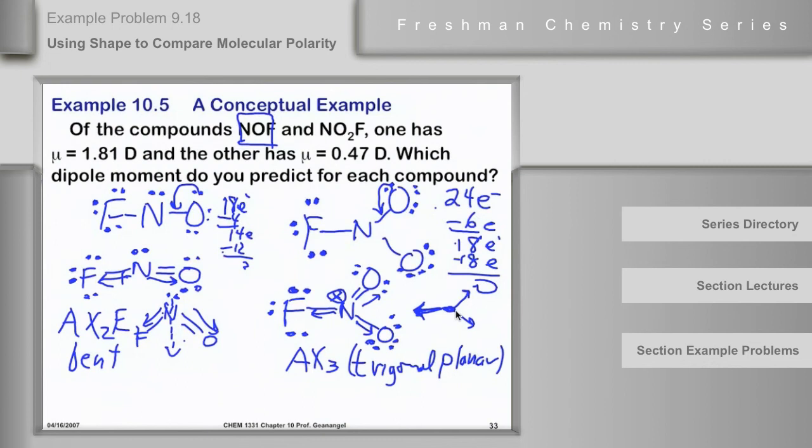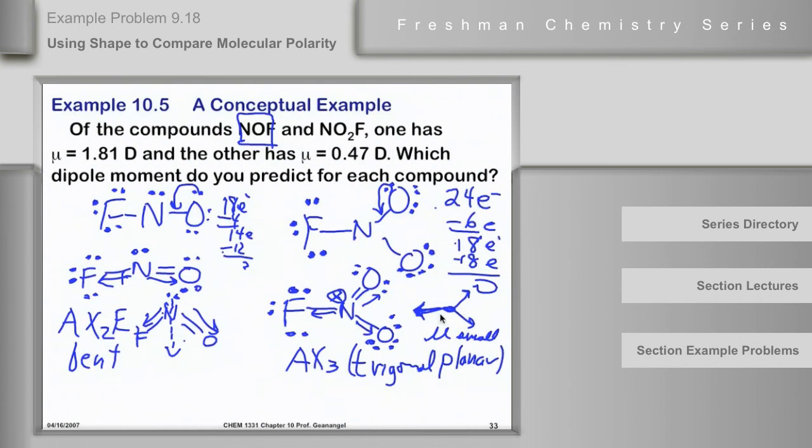If this was some sort of an NO3 molecule where all the bonds were nitrogen-oxygen, it would cancel. But there isn't any such thing just like that. There's an ion, but we don't talk about whether ions are polar or not. So in this case, mu should be not 0, but it should be small because these NO bond vectors almost cancel the NF bond vector.